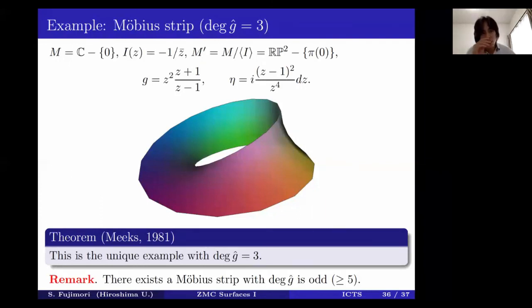And so by the previous Meeks theorem, in this topology, the degree of the Gauss map must be odd. And for any odd number, there's a Mobius strip with degree G equal to this odd number. So there exists a Mobius strip with degree G equal to 5, 7, 9, 11, and so on.